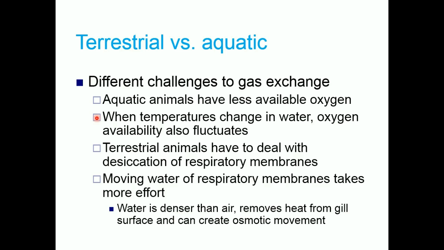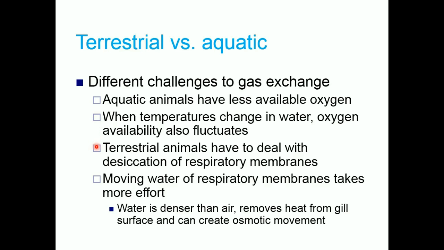And the fish that requires the amount of oxygen present in the water at 10 degrees Celsius may now be in serious trouble. So that is a very important consideration for aquatic organisms.